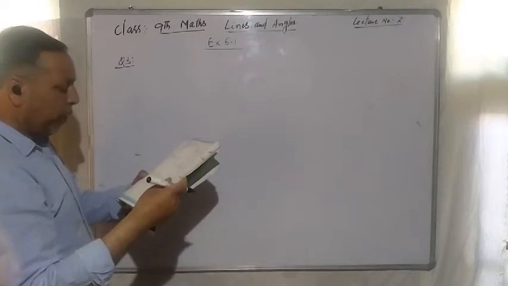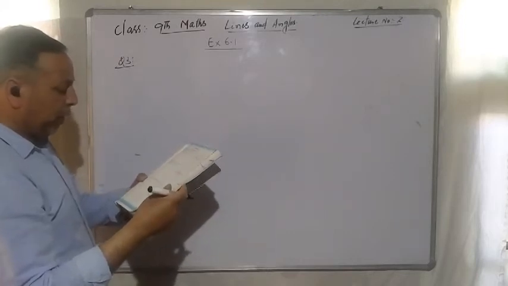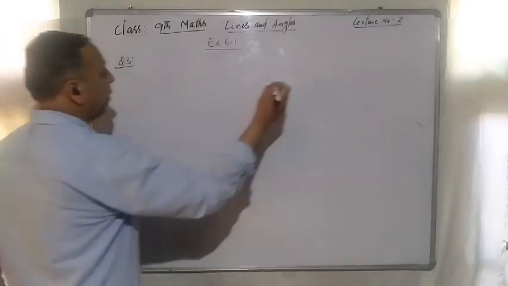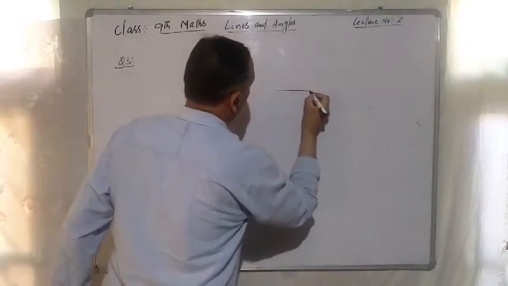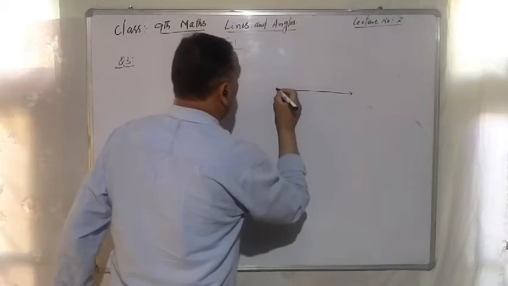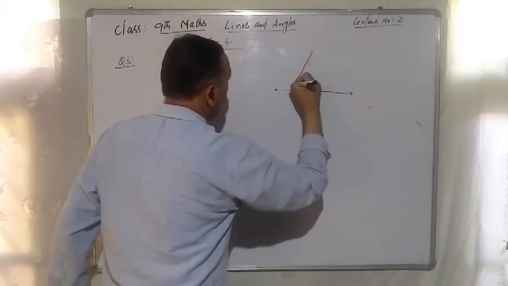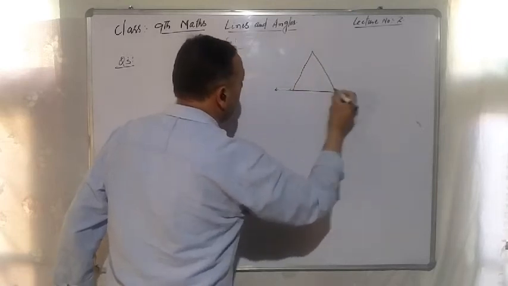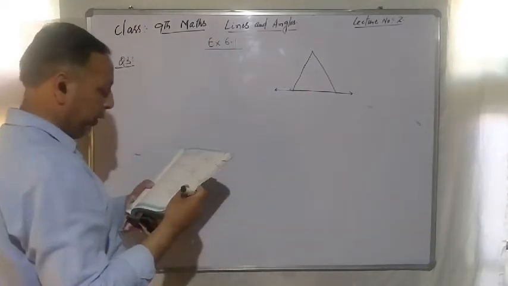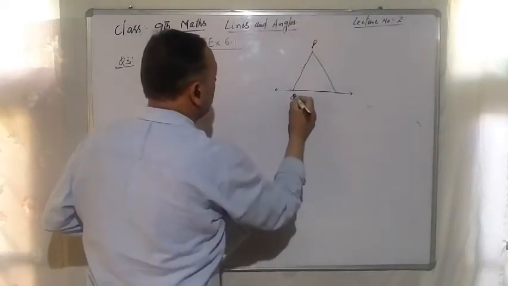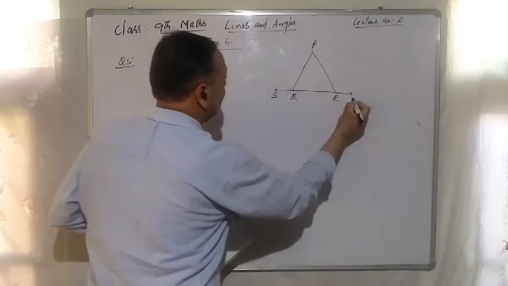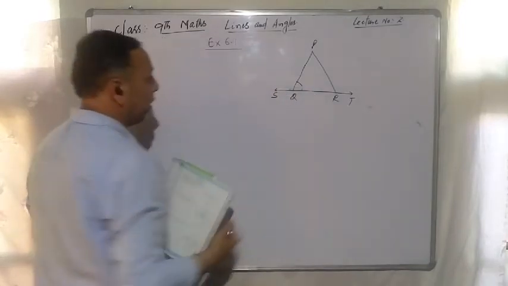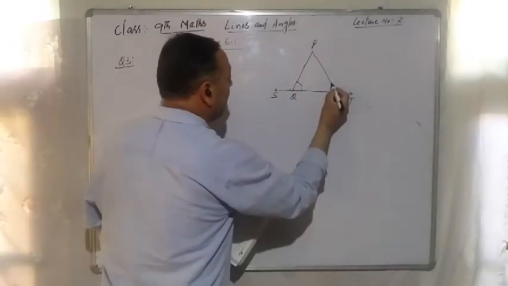In figure, angle PQR is equal to angle PRQ. Figure is given here. This is P, Q, R, and this is S, and this is T. It is given that angle PQR is equal to angle PRQ.